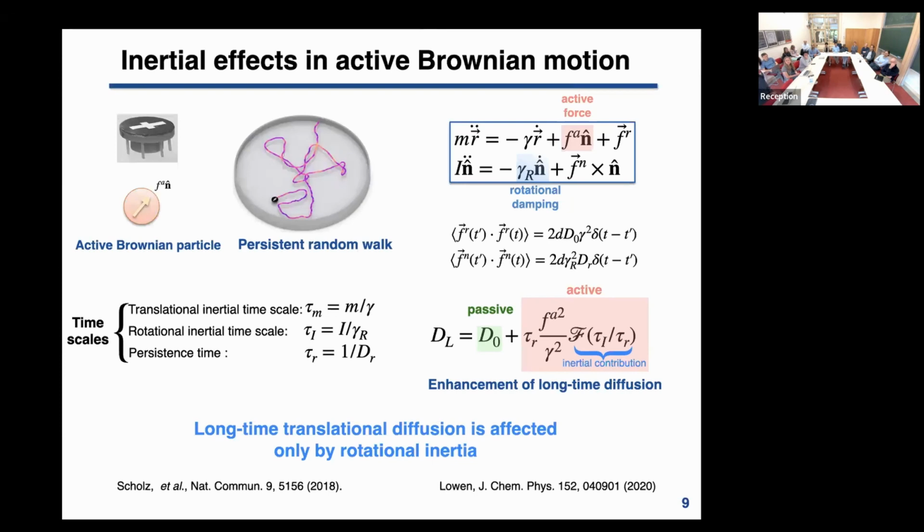So this is the equation of motion. Basically, you have a self-propulsion force in addition to damping and noise, and you also have an equation for the orientation, but you don't have active torque.